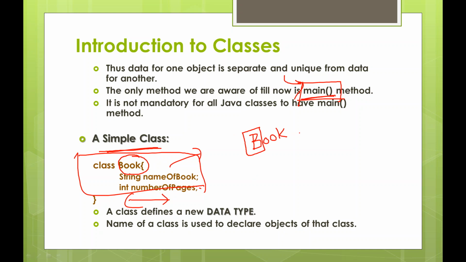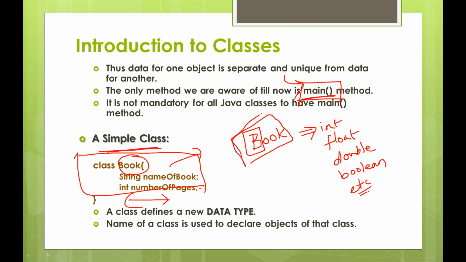This is similar to our int, float, double, boolean, etc. This is a user defined data type, similar to whatever types we have discussed.